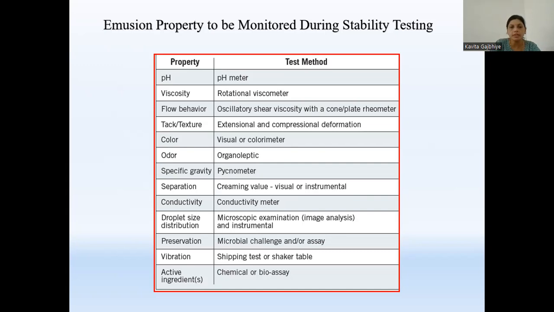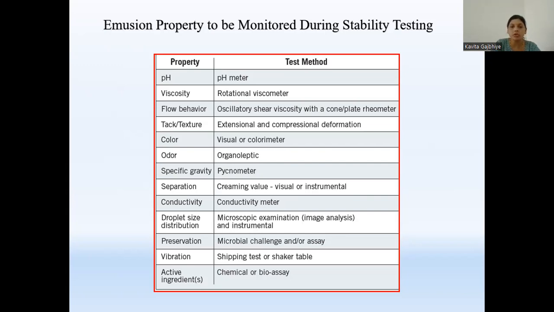And preservation: yes, good preservatives that we can use reduce the challenges associated with microbial growth. And a microbial assay can also be performed to know the species and the extent of microbial growth in a particular emulsion.